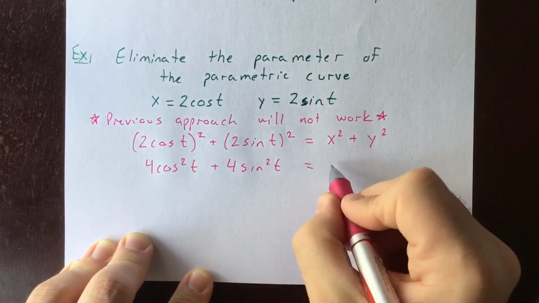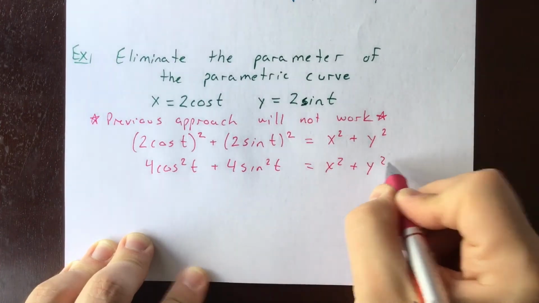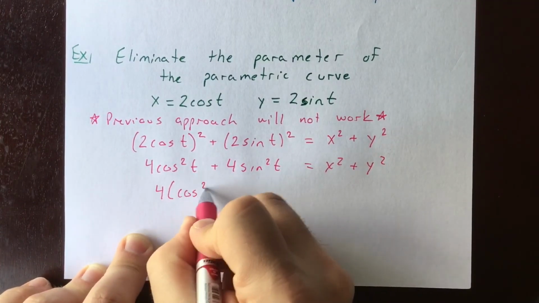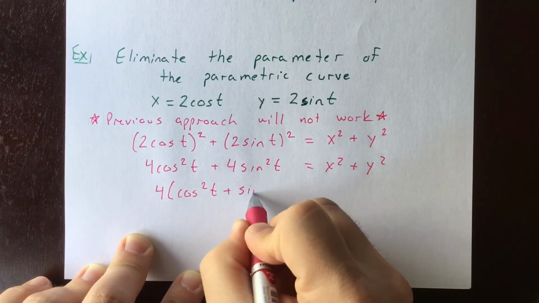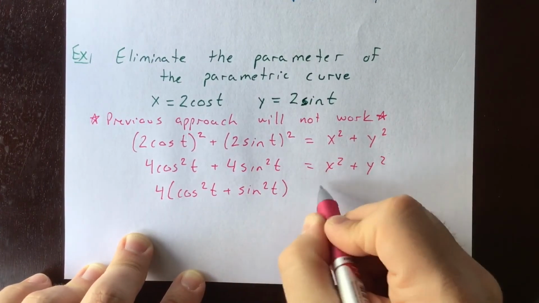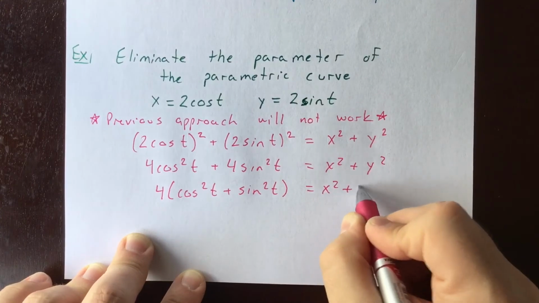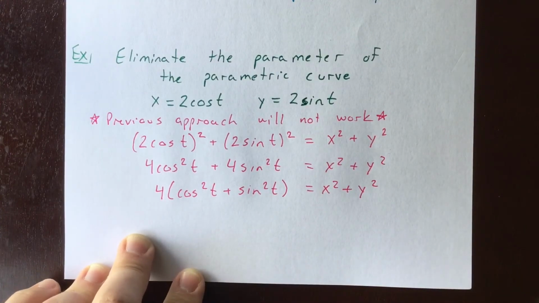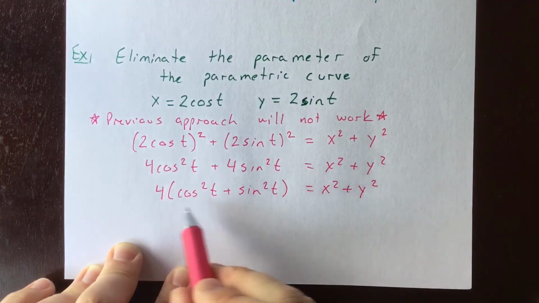Okay, let's just work with this a little bit. There's a 4 in common, so we're going to pull this 4 out. And you're probably screaming with excitement. I can hear it. Cosine squared plus sine squared is 1. So we have 4.